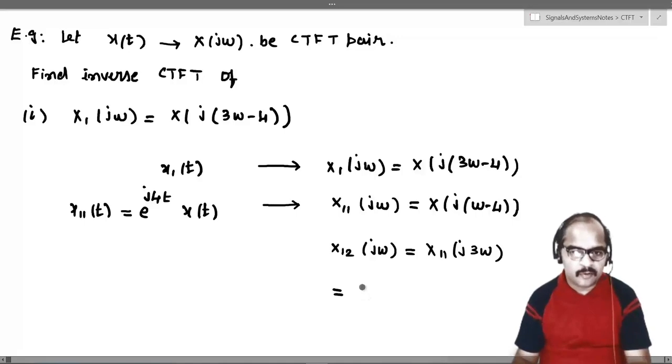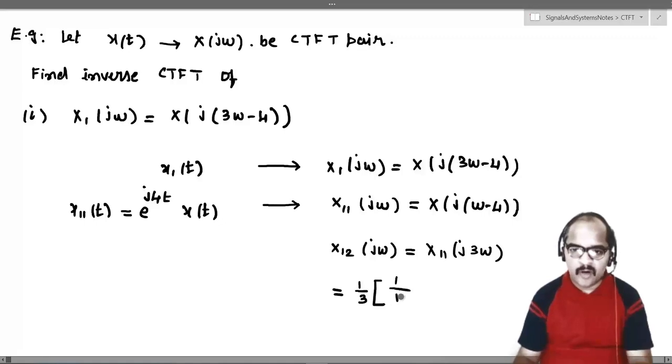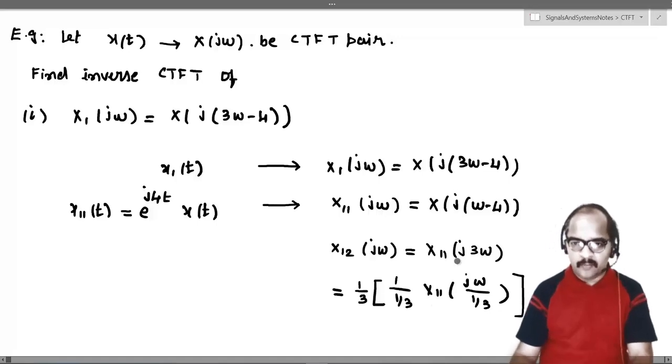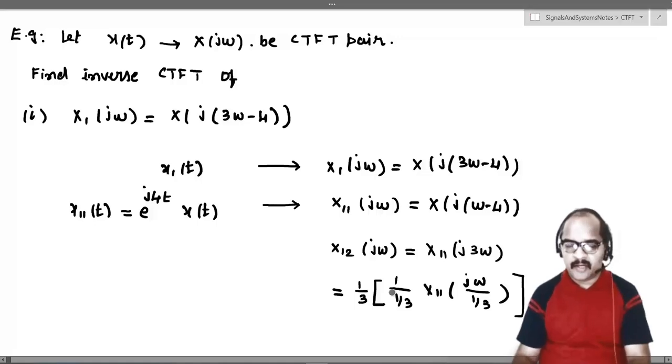We can write x11 of j3 omega as 1 by 3 times 1 by 1 by 3 x11 of j omega by 3. Why did we write it like this?